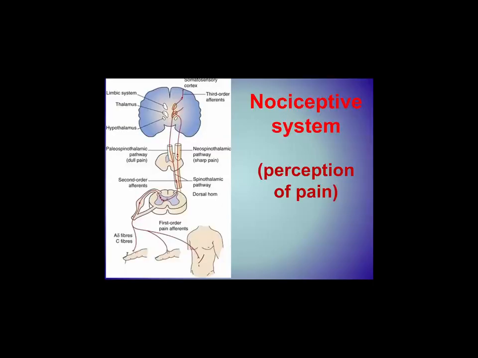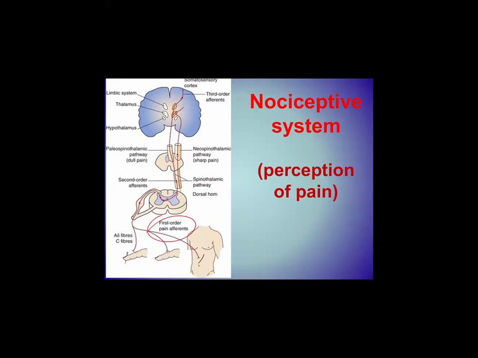Here you can see the structures which are involved in the nociceptive system, which help to accept and analyze the feeling of pain. Firstly, we have first order pain afferents.